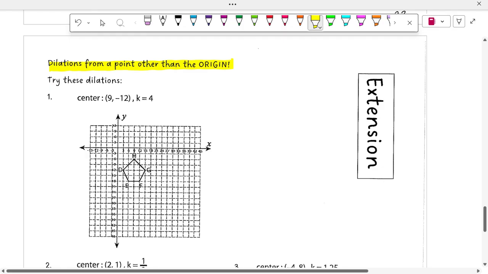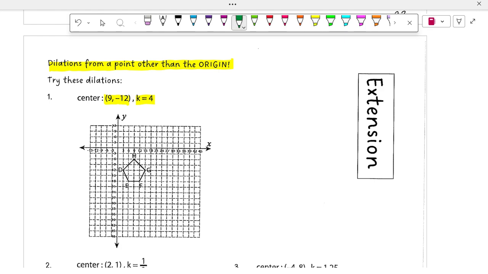So our center is 9, negative 12, and we're going by a scale factor of 4. All right. So the center is at the point 9, negative 12. So that's right here.